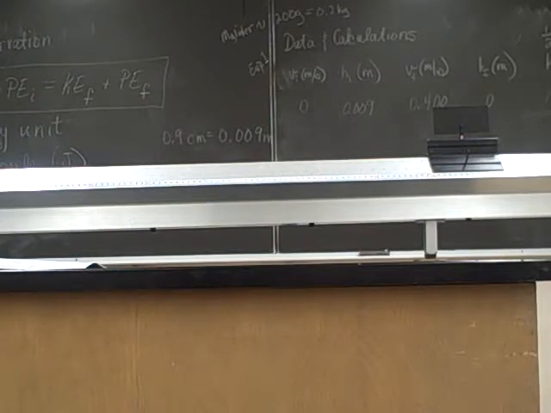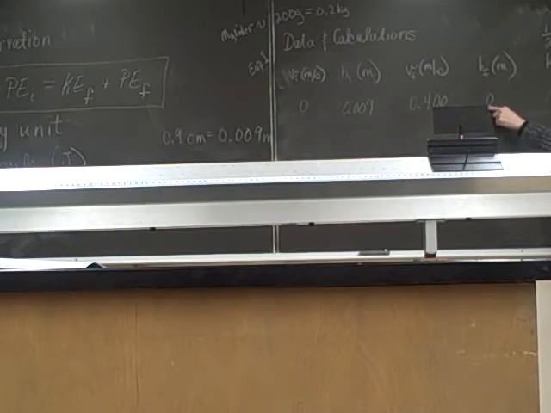Now, your numbers aren't going to be exactly this, okay? I'm just ballparking it for you. So this is 1/2. Oh, wait, that's the sum. M VF squared, MGHF. Well, what's HF?